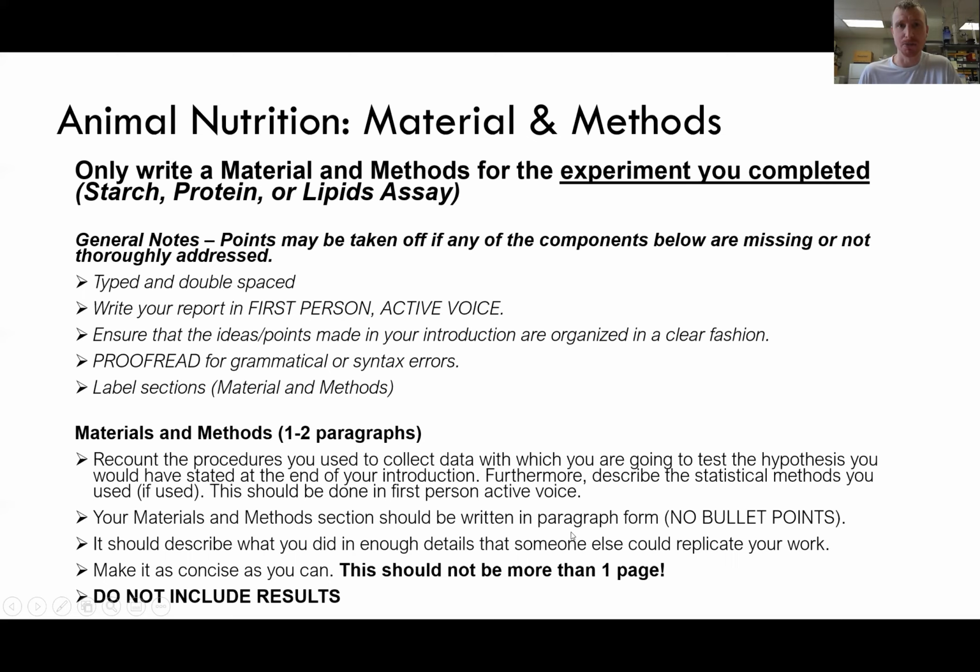If you handed this material and method section to somebody that didn't go through this lab, they should be able to read it and replicate the experiments exactly. Even if they're coming up with different results, they should be able to run through the experiment fairly easily and with little question.